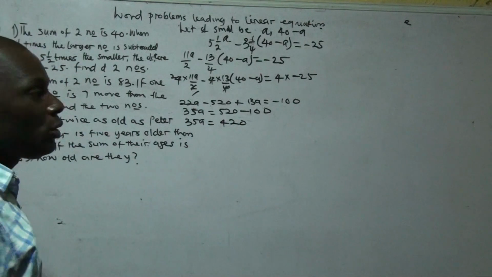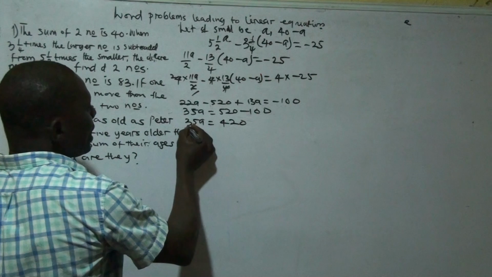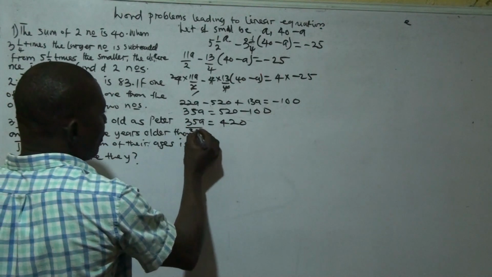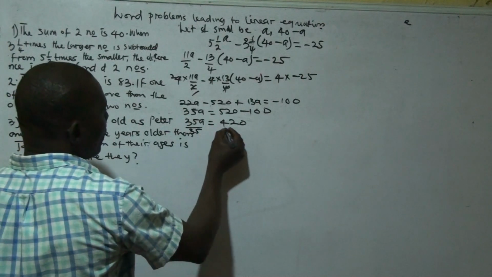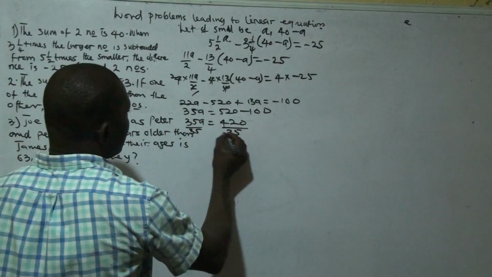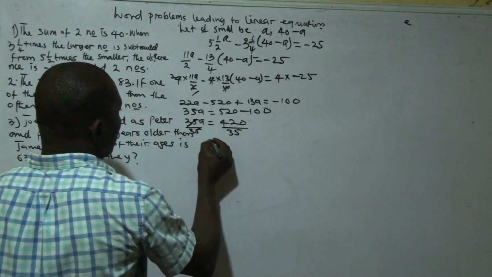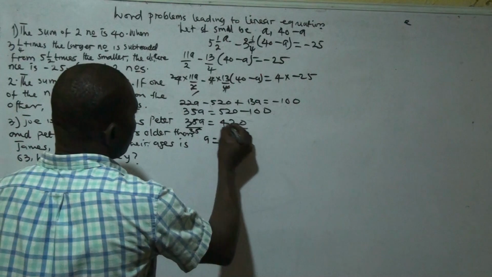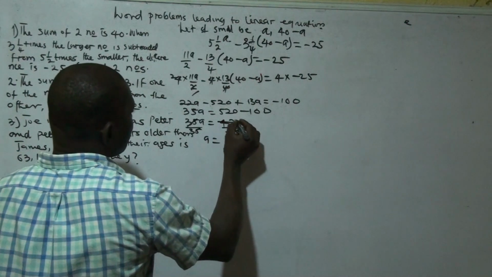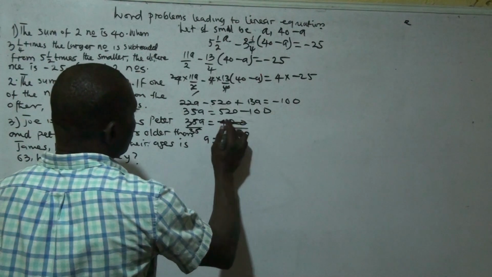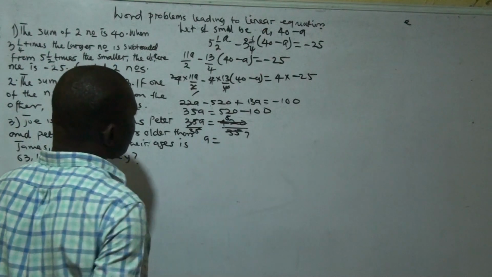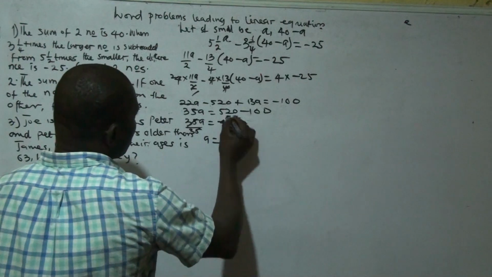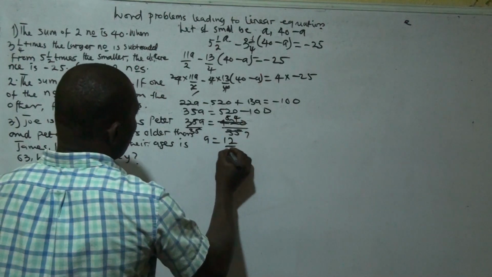The next step is we multiply both sides by the multiplicative inverse of 35, that is 1 over 35, and the value of A will become 420 over 35. 7 into 42 is 6, 7 into 84 is 12.